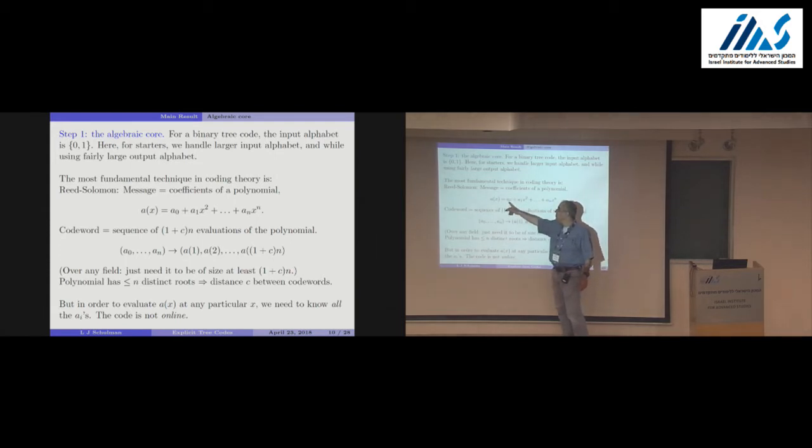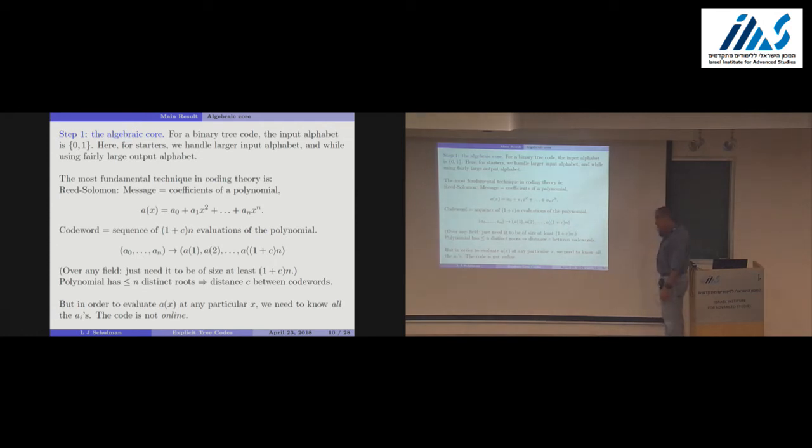You can do this over any field, but you think of your message as a bunch of field elements being the coefficients of a polynomial, some polynomial a(x). There were n field elements, and you encode them in (1 plus c) times n field elements by just evaluating the polynomial at a number of points.